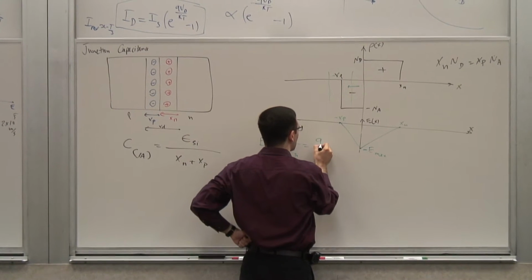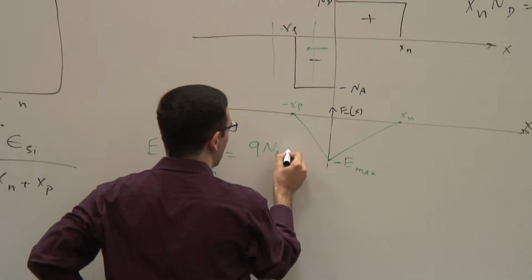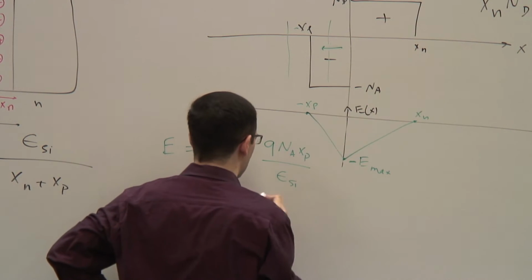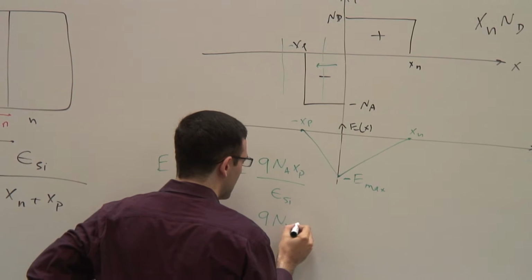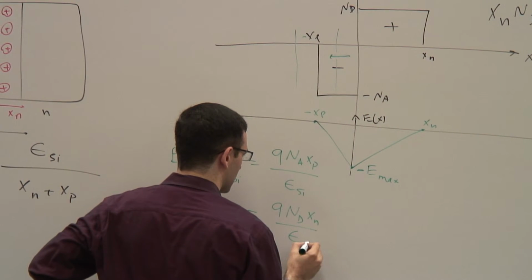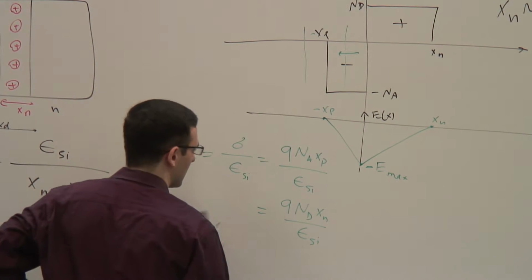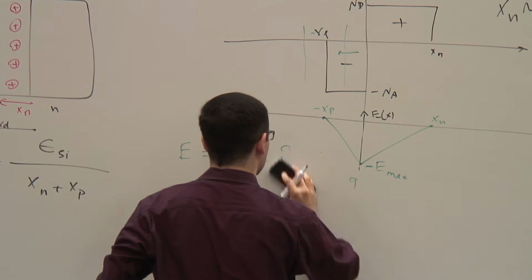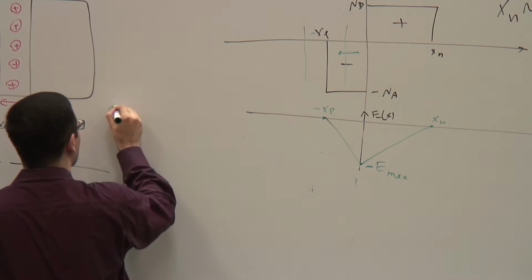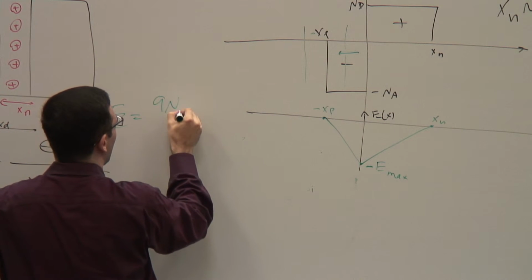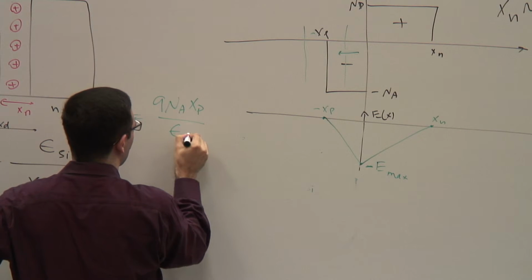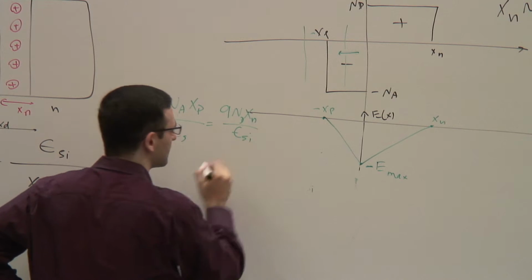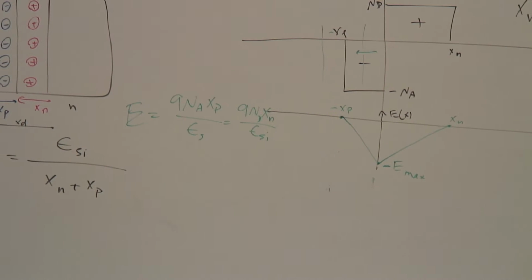So E is going to be Q NA xp divided by epsilon silicon, which is, incidentally, equal to Q ND xn divided by epsilon silicon. Okay? Does that make sense?